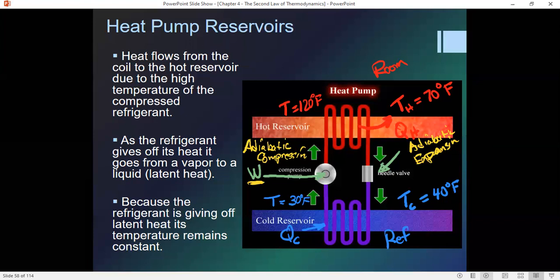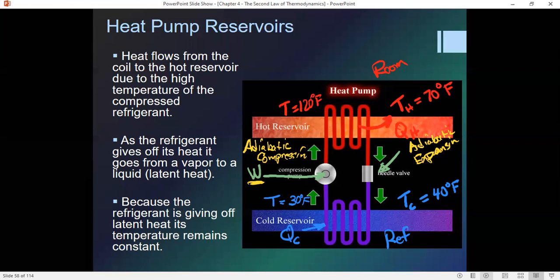And of course, if this were a freezer, the temperature of the refrigerant would be even colder. Maybe the temperature of the refrigerant would be like negative 20 degrees Fahrenheit. And that would allow the inside of the freezer to drop to a much lower temperature.